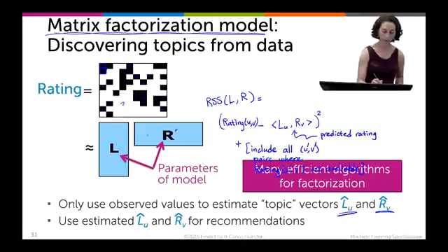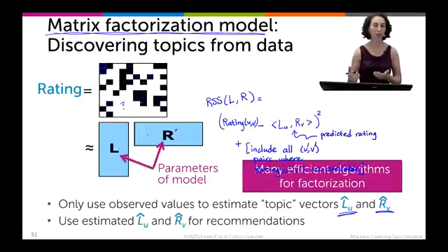How do I fill in all these white squares, which was my goal to start with? Well, I just use my estimated L hat U and R hat V, and I form my prediction just as we described when we assumed that we actually knew these vectors.